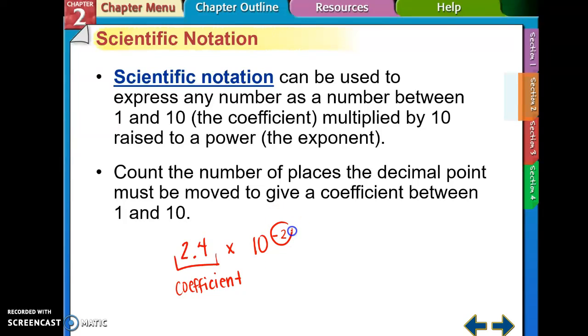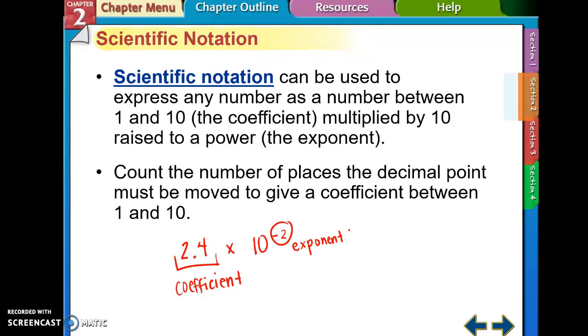And this number right here, the negative 2, that 2 is my power, that's my exponent. And that negative tells me which way the decimal moved. And the decimal moved twice. So that's where I count the number of places the decimal point must be moved. So the coefficient is the big number, and the exponent is the power.